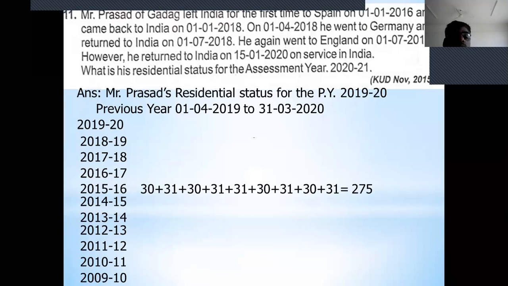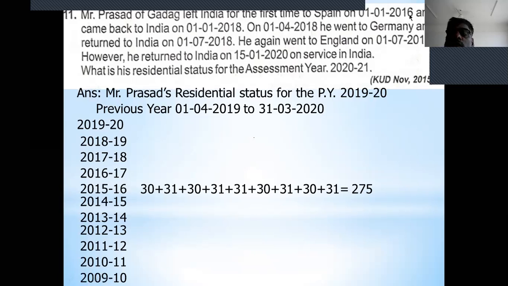Okay. You see here, 2015-16. This year starts on 1/4/2015 and ends on 31st March 2016. In this year, I have taken this date.